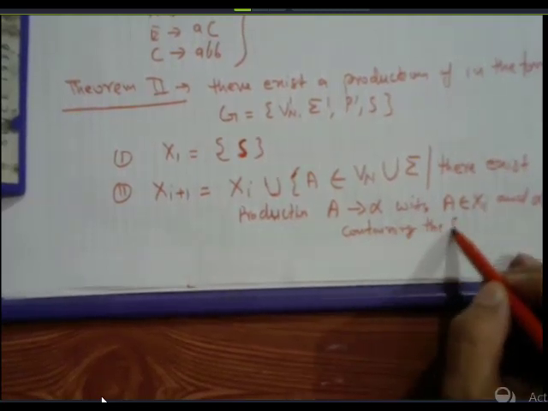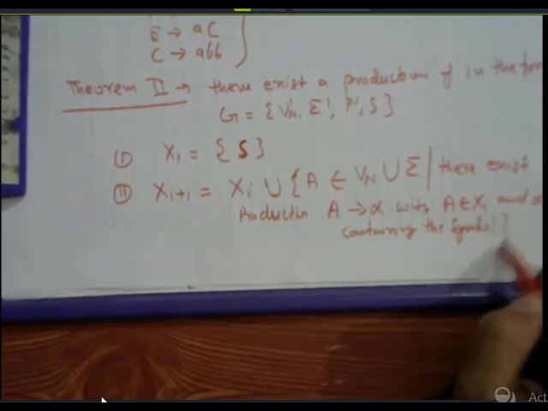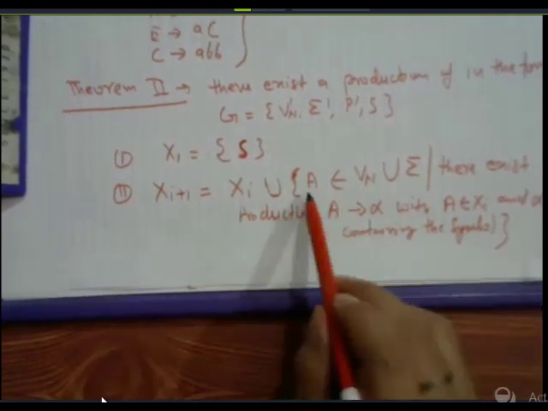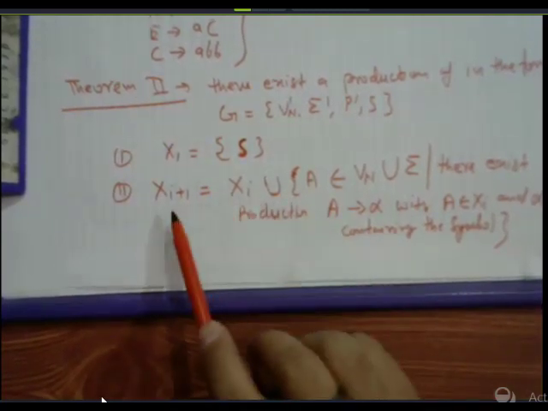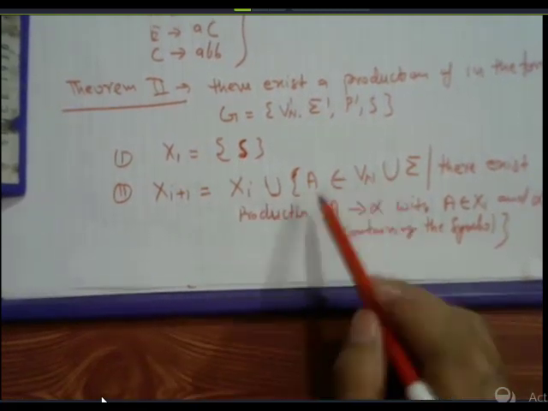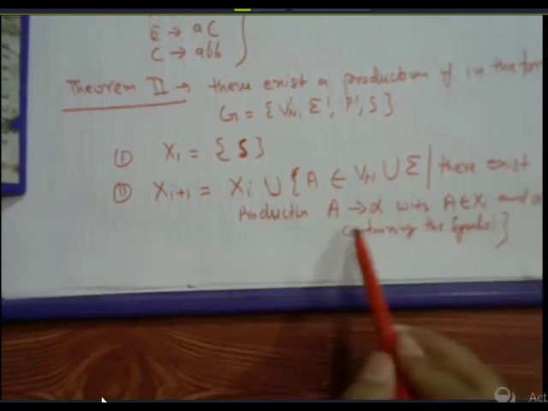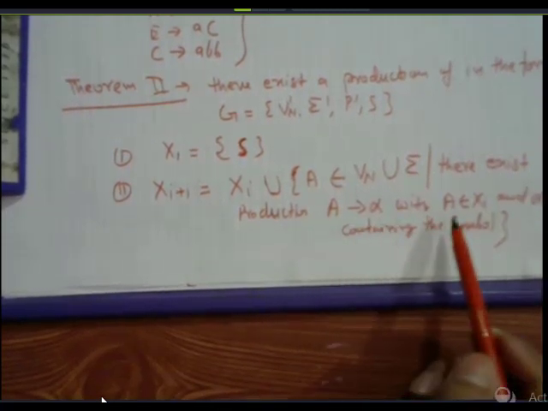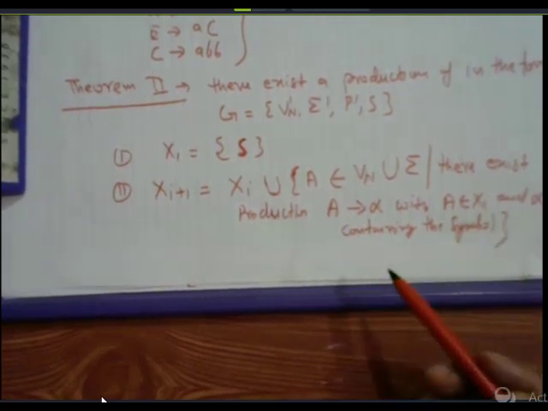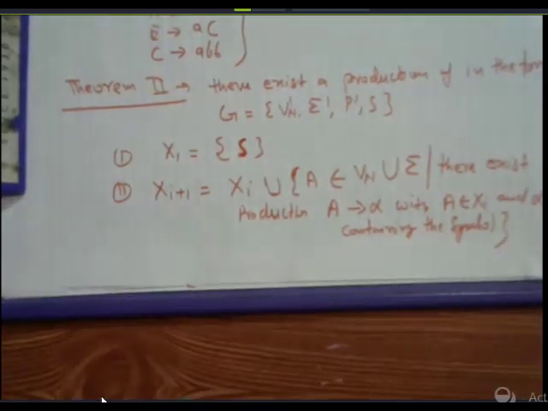This is a production rule: x(i+1) is equal to xi union A, and A belongs to the category of Vn union sigma. Then, applying these rules in this grammar, what do we derive, and how can we get the result from this grammar?